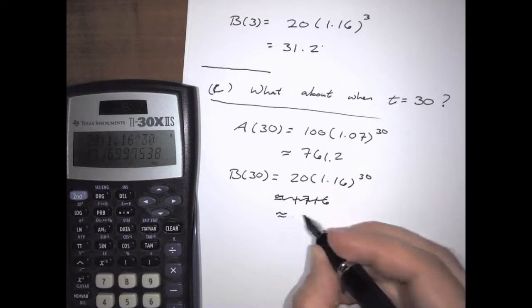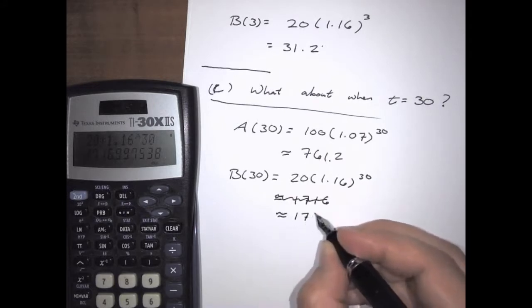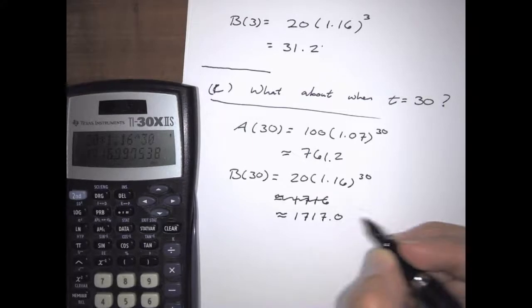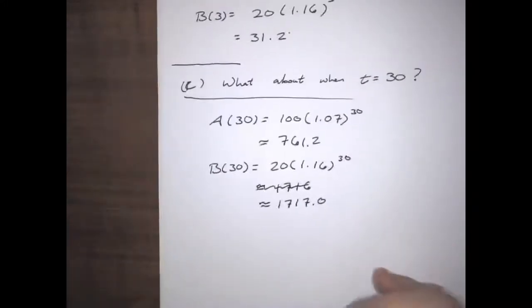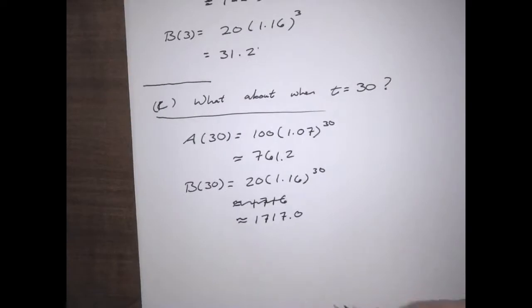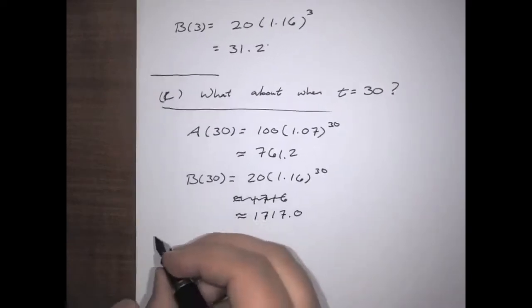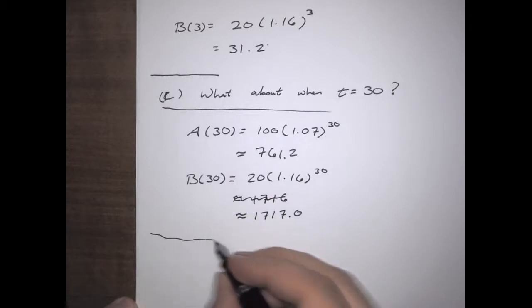If I'm going to round it to the nearest tenth, it's going to be 1717.0. And so, although A started off being much bigger, after a long enough time span, B ended up bigger.